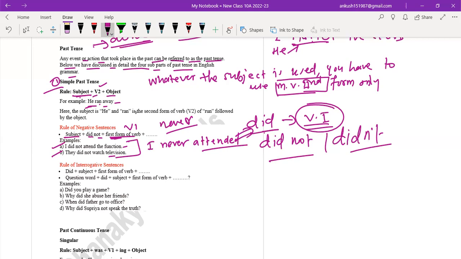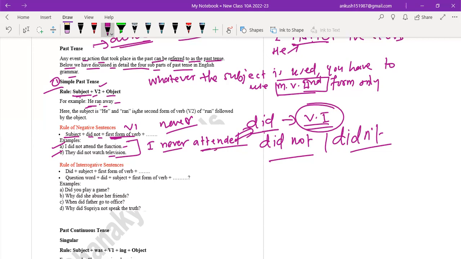It would be used as attended. Second form would be used of the main verb. Understood? If you want to make the negative sentence of simple past tense without using did, or using never, you need to use never after the subject and definitely the second form of the main verb. Okay, not continuous, but second form.